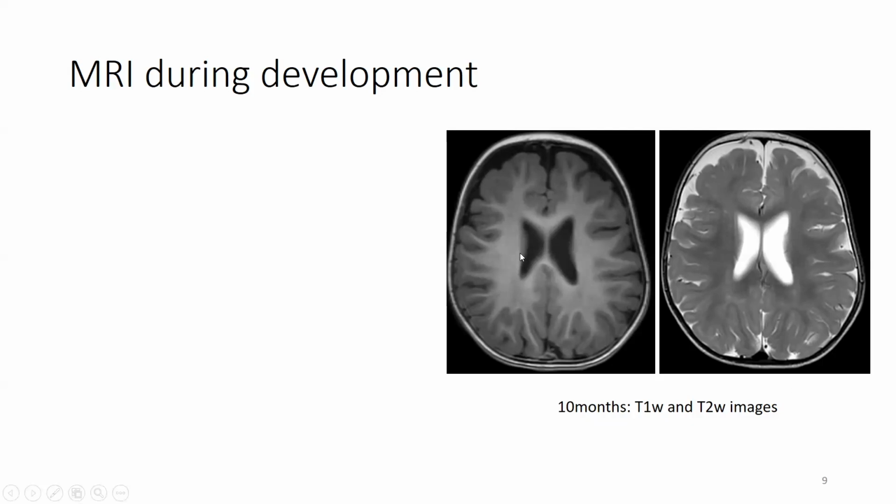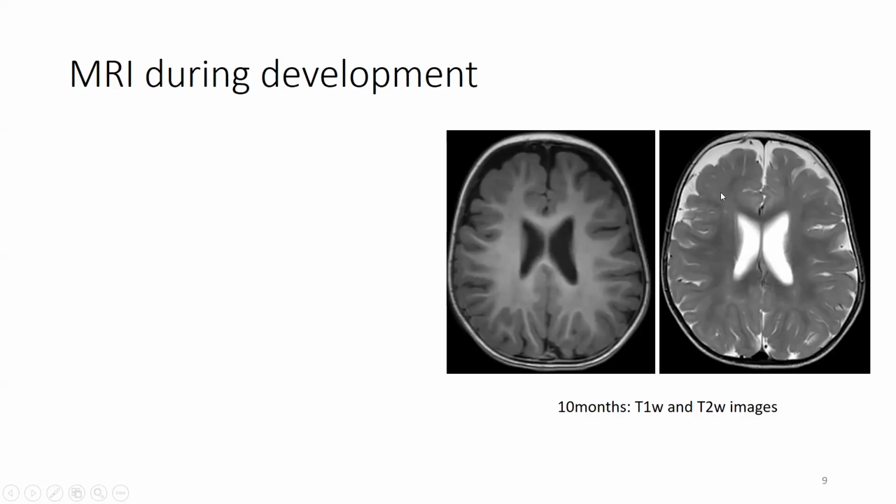We do see high signal intensity of the white matter and a grayer gray matter, and that's what we see in a T1 weighted image. And indeed we don't see the CSF.